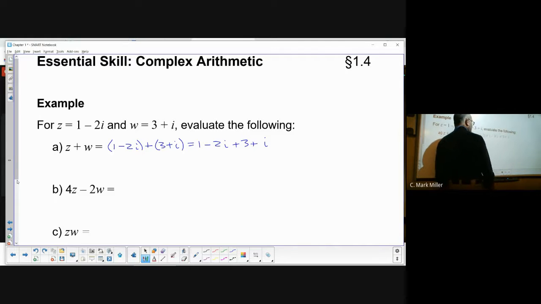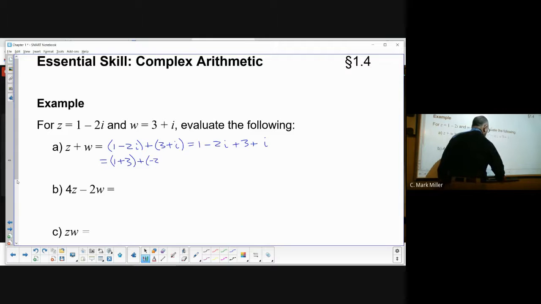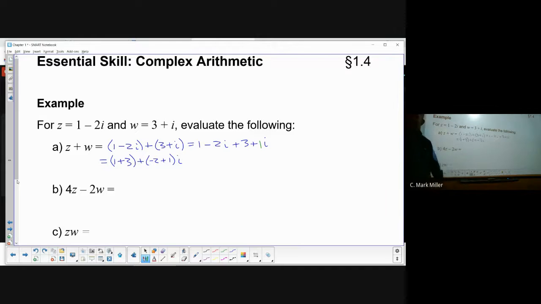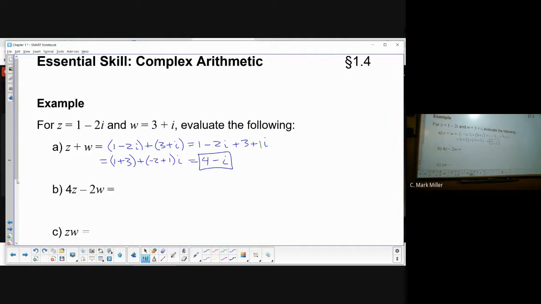Remove the parentheses and combine like terms. 1 and 3 are the real terms. Minus 2 and 1 are the imaginary terms. 1 plus 3 is 4. Minus 2 plus 1 is minus 1i.